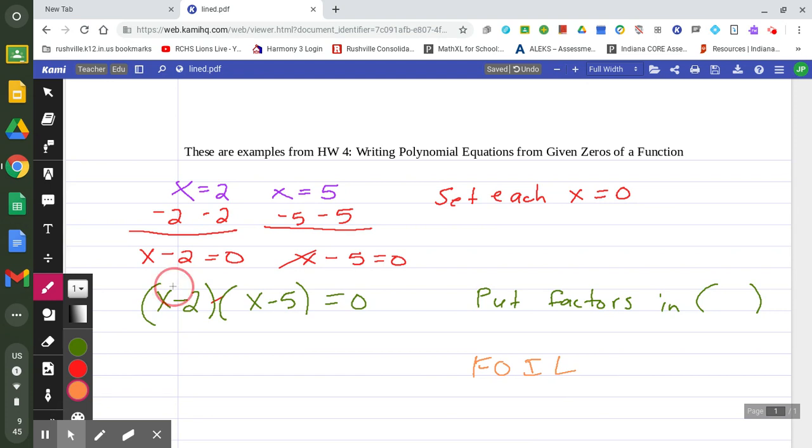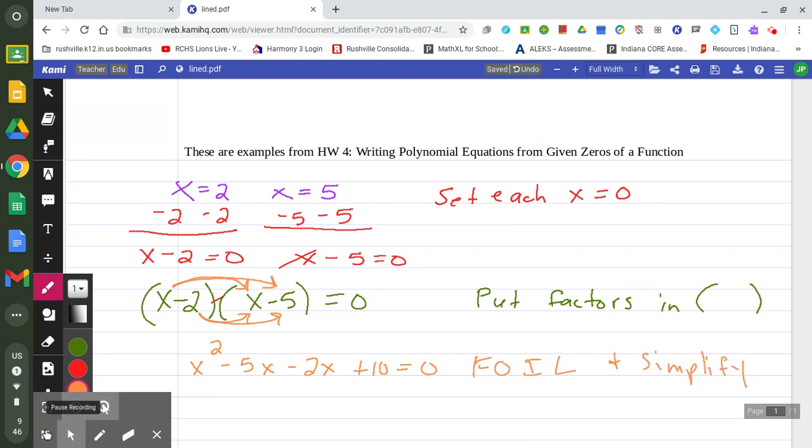So I'm going to take x times x to get x squared, and then x times negative 5 to get negative 5x, negative 2 times x to get negative 2x, and negative 2 times negative 5 to get plus 10 equals 0.